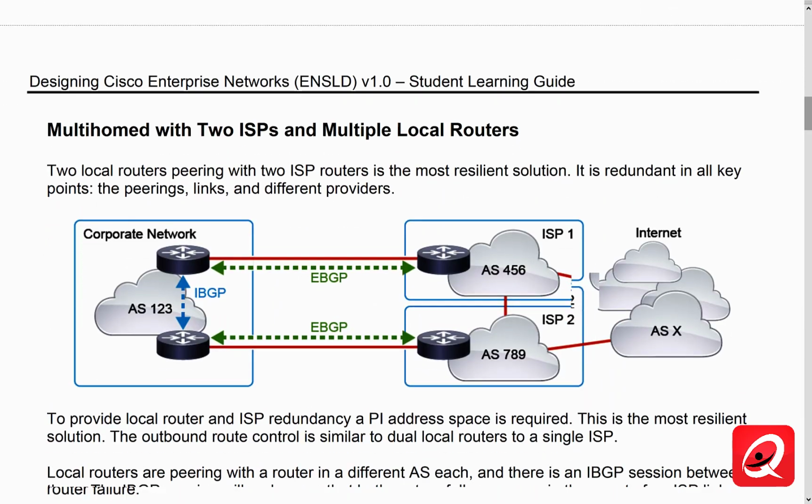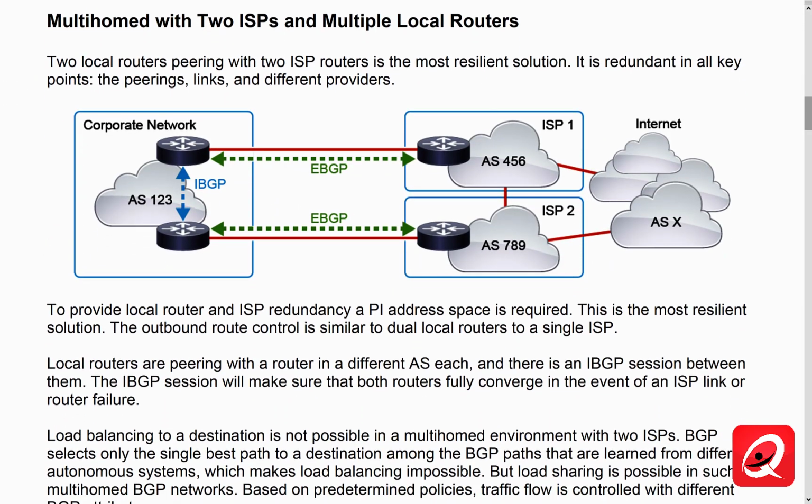So our last example is multi-homed with 2 ISPs and multiple local routers, the most redundant option that we have. And honestly, it's not really that much different than what we just saw, the single multi-homed environment, where we have a single router multi-homed to 2 ISPs.